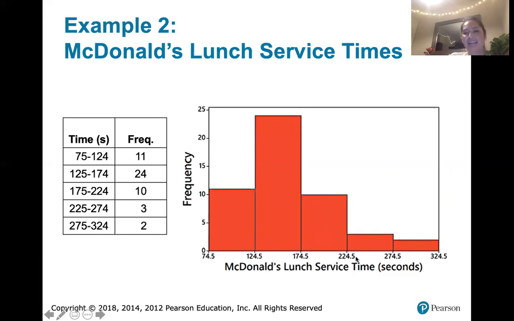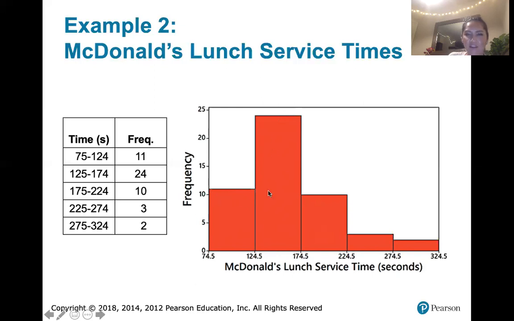So they're using class boundaries here rather than class lower limits, like class lower limits were used on the last histogram. And then notice that the vertical axis represents the frequency. So this first frequency was 11, and if you look at this red rectangle, where it butts up against that vertical axis, it looks like a frequency of about 11.